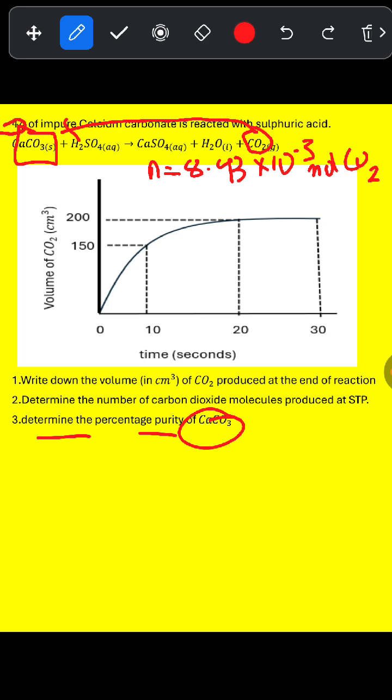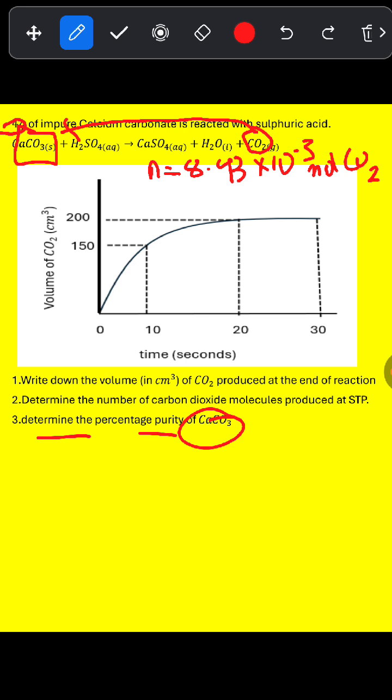The impure mass, you can't use it to get the number of moles, because it is not calcium carbonate alone that is inside the impure mass. It is calcium carbonate and other things. So if you calculate the number of moles, those moles won't be the moles of calcium carbonate, because impure means calcium carbonate with other things, other impurities. Okay?